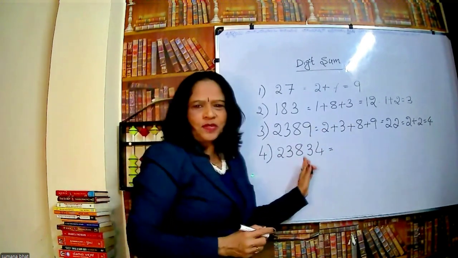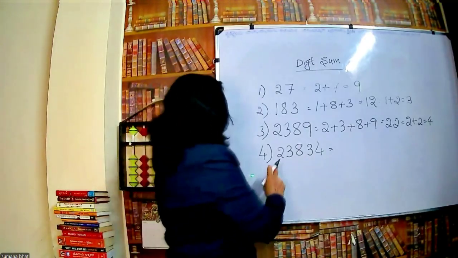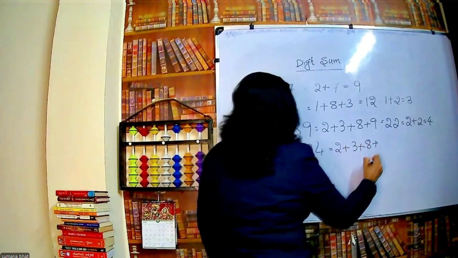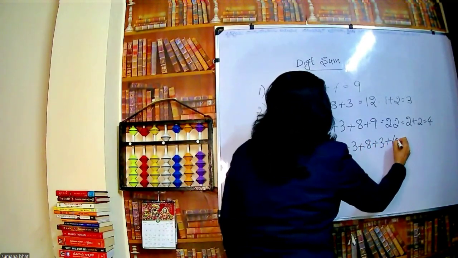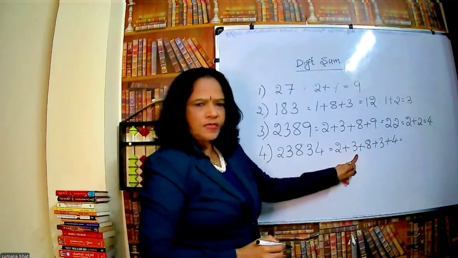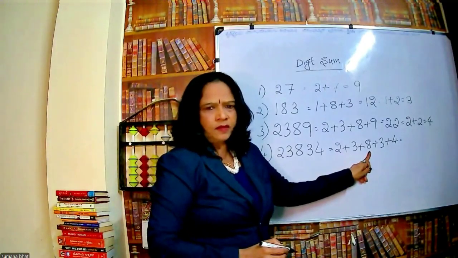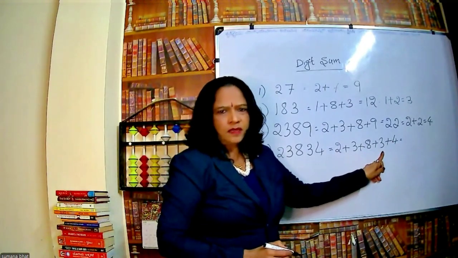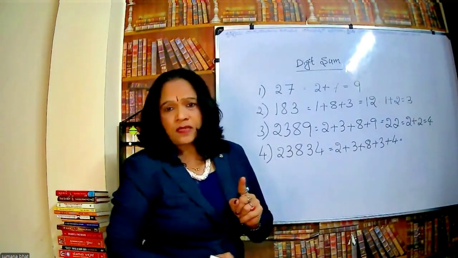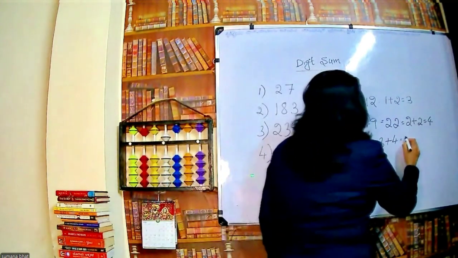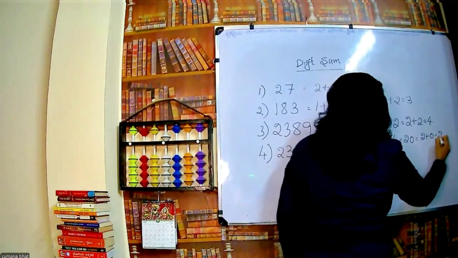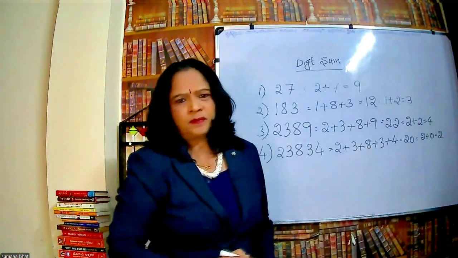So what is the digit sum for this? 2 plus 3 plus 8 plus 3 plus 4. 2 plus 3 is 5, 5 plus 8 is 13, 13 plus 3 is 16, 16 plus 4 is 20. 20 is not the digit sum. 20 should be written as 2 plus 0. So the digit sum is 2.